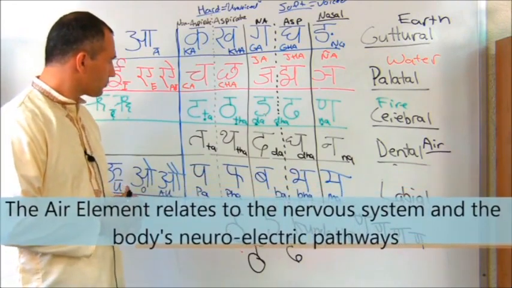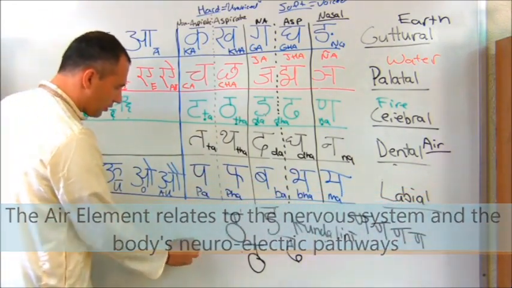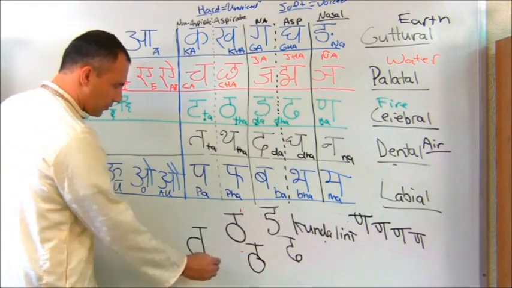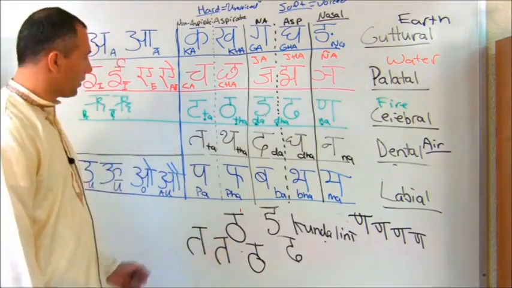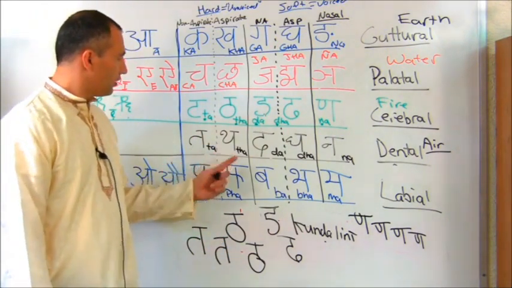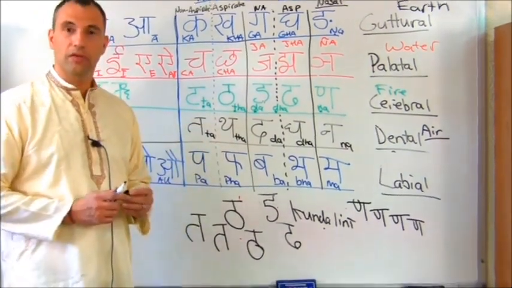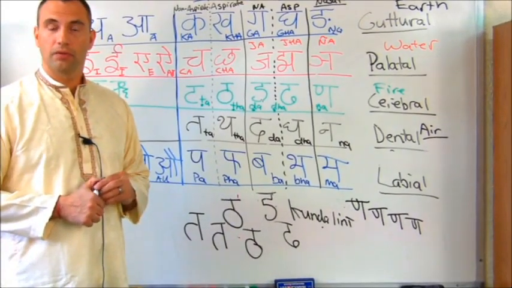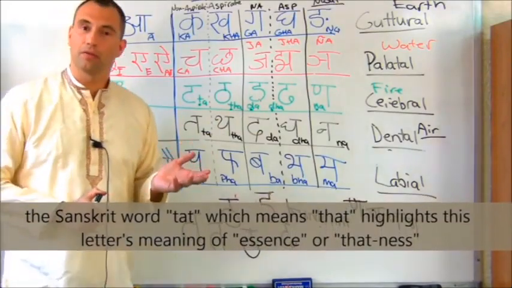So the letter T, here's how we write the letter T. Okay? All right? T, T. The first letter T is associated with tattva, the essence of anything. Tam, tam, tam, the essence of anything.